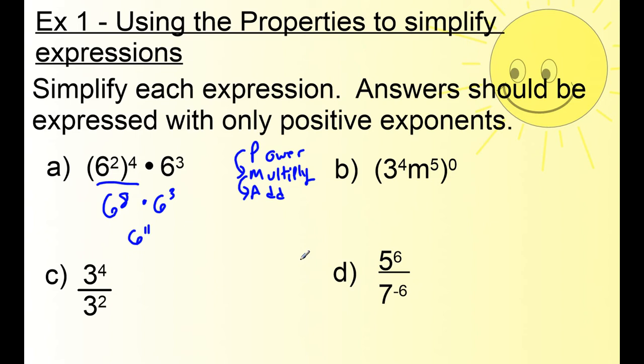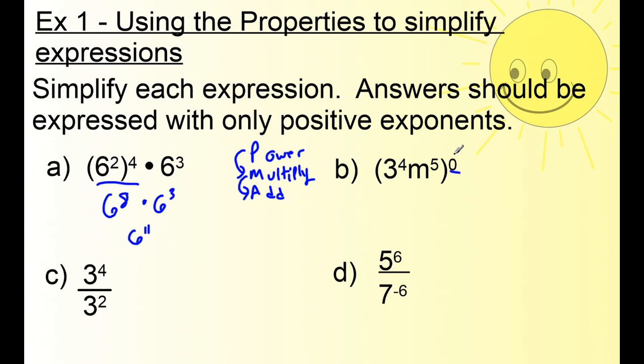So letter B says 3 to the 4th power m to the 5th, all to the power of 0. Since all of this is to a power, we could use this multiply.